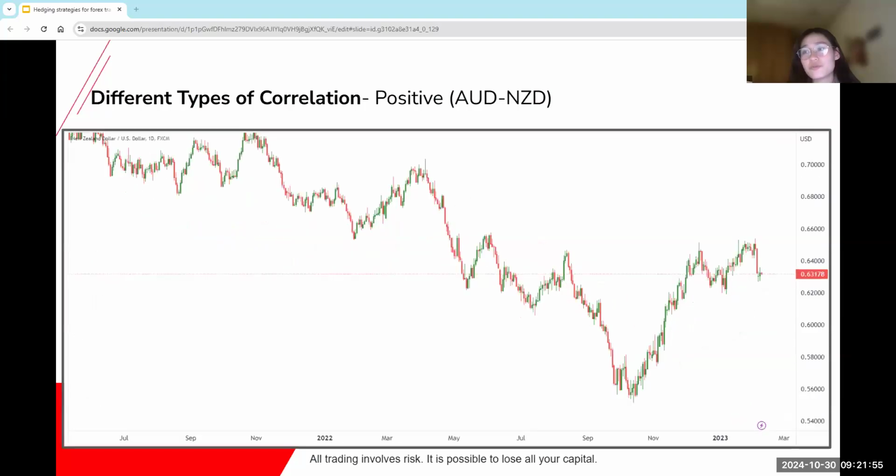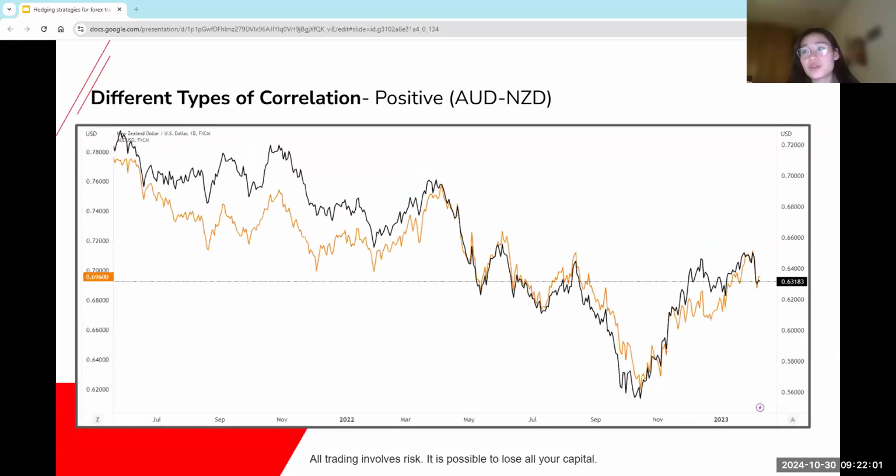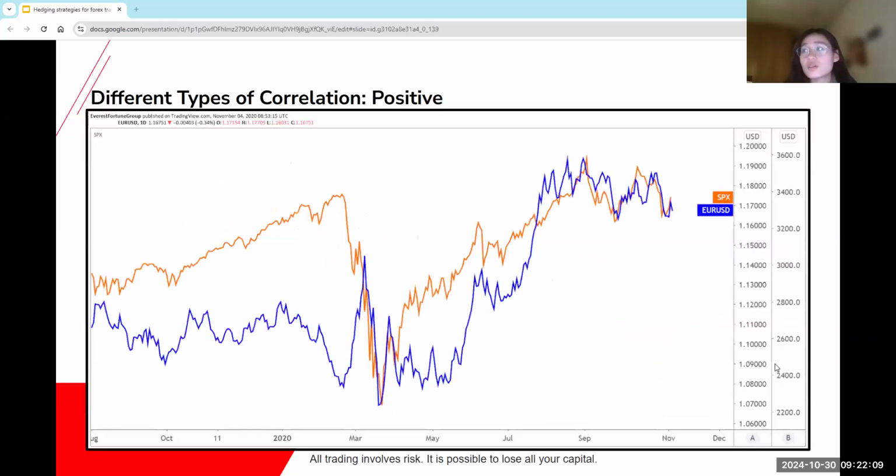Just from the price charts, candlestick charts, you can already see the similarities in the shape. But when you compare it on the same price scale, it's a lot easier to see the similarities. Okay, we also have the SPX and the euro dollar that are positively correlated as well.